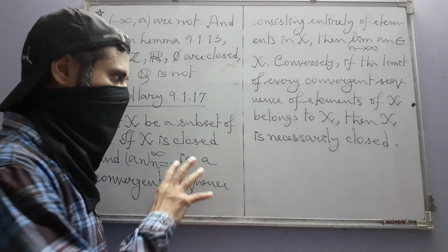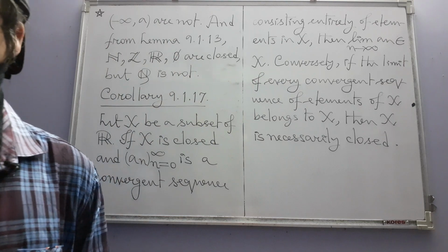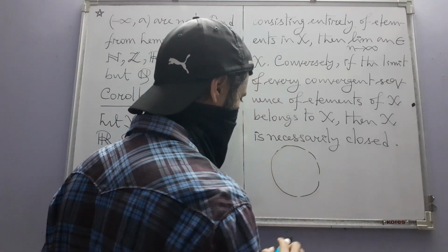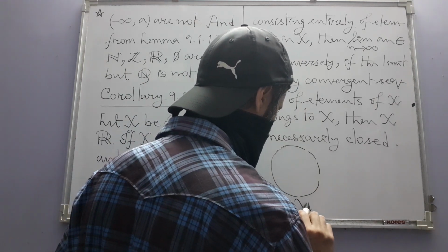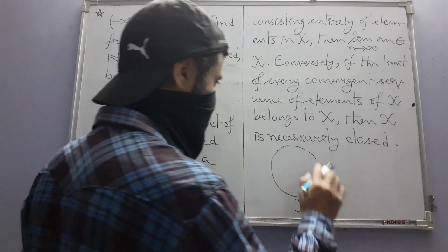So this corollary is saying that you have your set, no? X. So this is your X. And say it's given that X is closed.